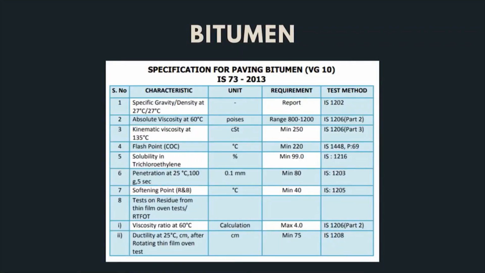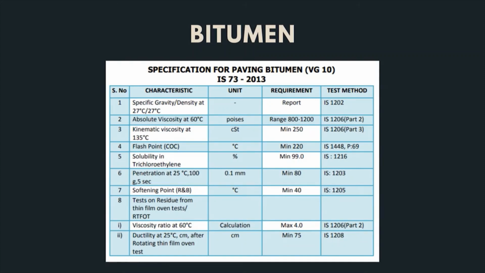So here the important tests for asphalt are the kinematic viscosity, then the penetration index. The penetration index is going to determine whether the asphalt can appropriately be used as an effective paving material.